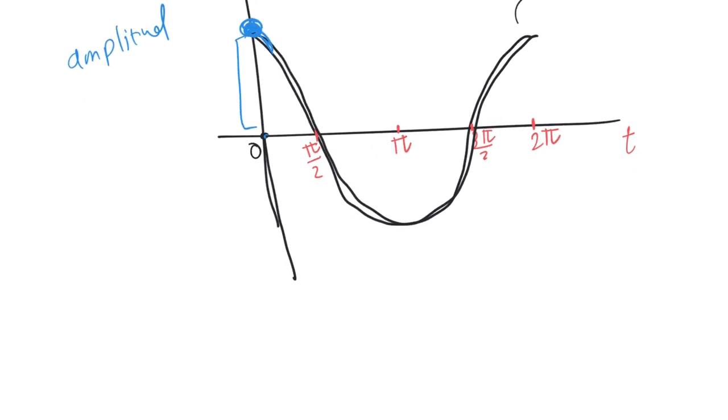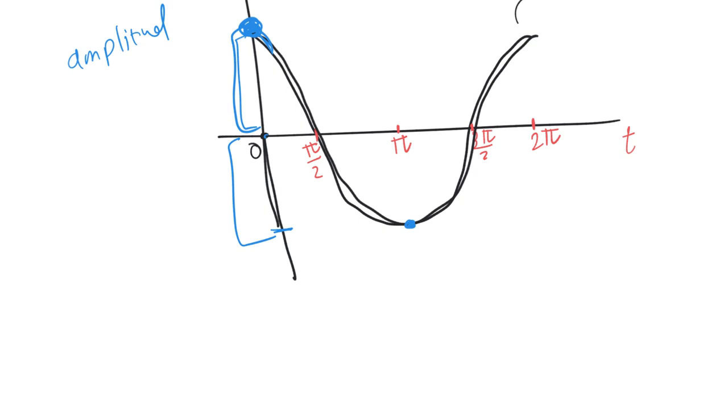Also, the highest point reached by the particle on the minus side is also the amplitude, but here the amplitude is negative. Here the amplitude is positive, but here it is negative.